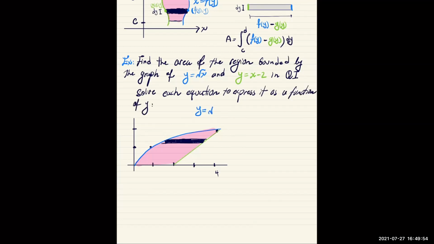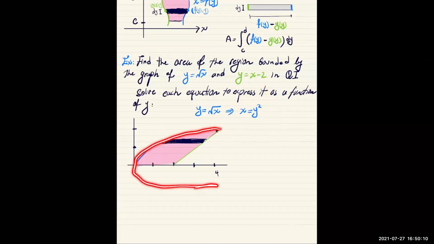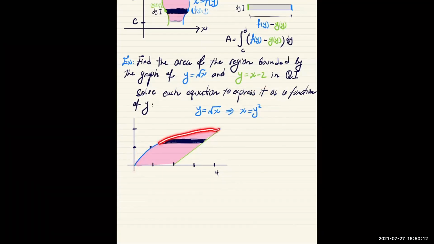If y is equal to root x, and I'm solving for x, all I gotta do is square. This gives me x equal to y squared. x equal to y squared is a sideways parabola, and this is a part of the sideways parabola. It's opening to the right. So this x is y squared.